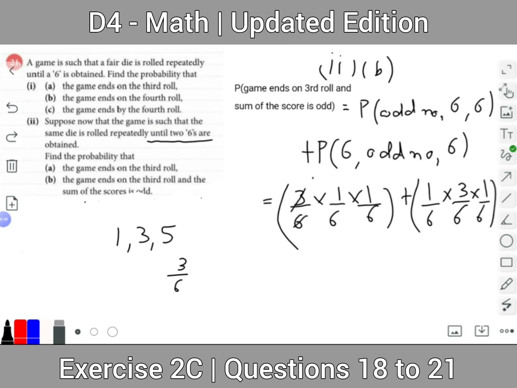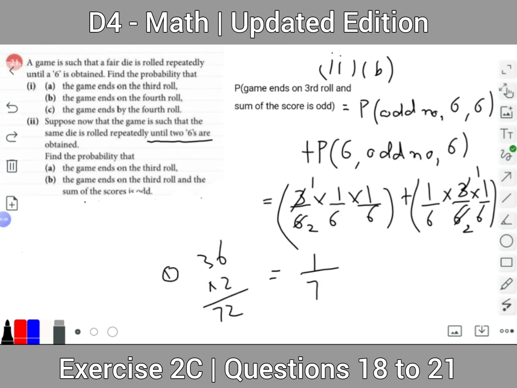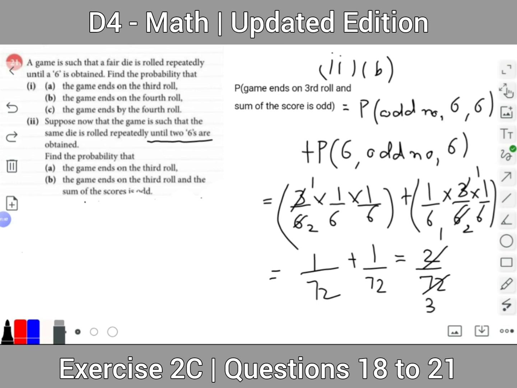Now here we have 1 over 2 and 1 over 2, and after making simplifications we will get 1 over 72 plus 1 over 72. Now after adding up we will get 2 over 72, and after more simplification, 2 1s are 2, 2 3s are 6 and 2 6s are 12, so it will be equal to 1 over 36. So the probability that the game ends on the third roll and the sum of the score is odd is equal to 1 over 36.